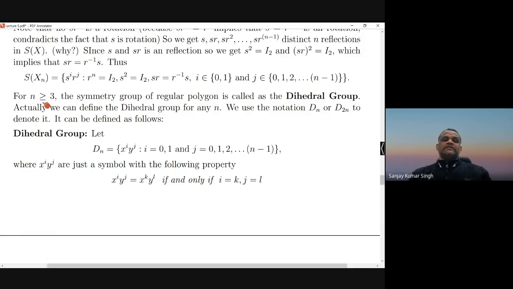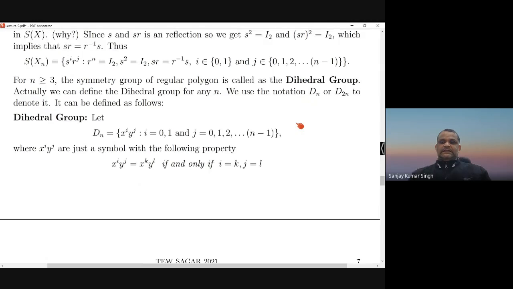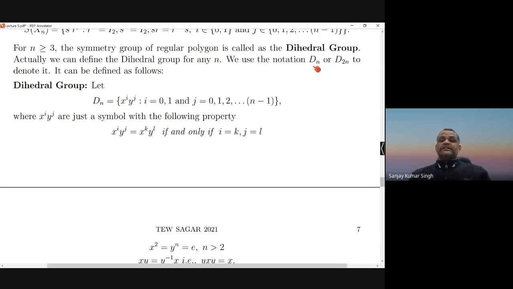This is a group which we call a dihedral group, and which came from geometry. But this description helps us to define the dihedral group actually for any n. And we denote it by Dn or D2n depending on the author.